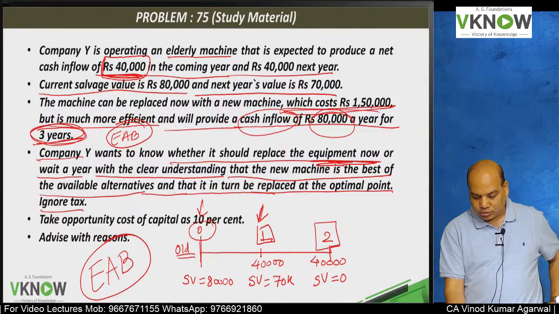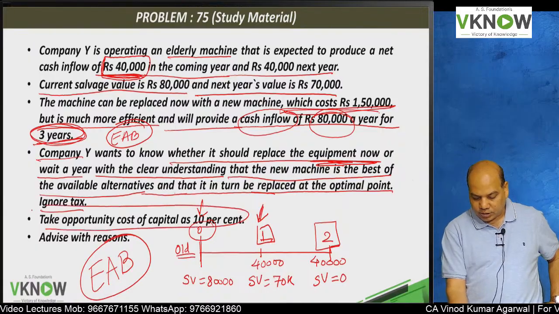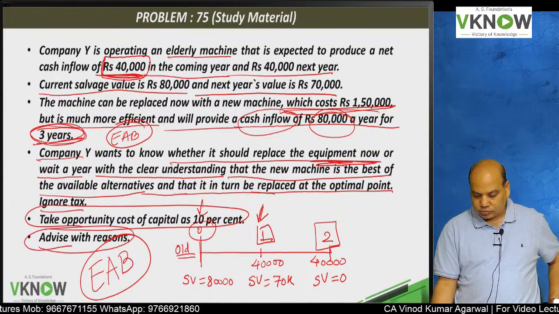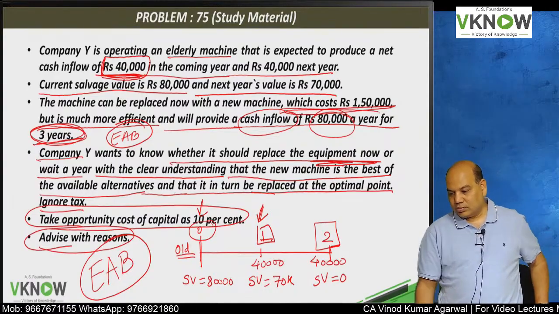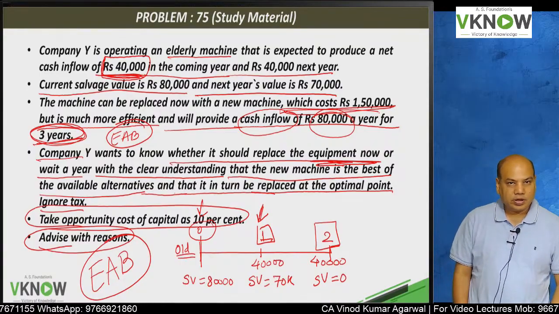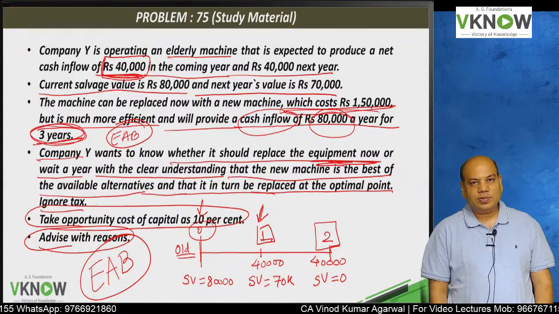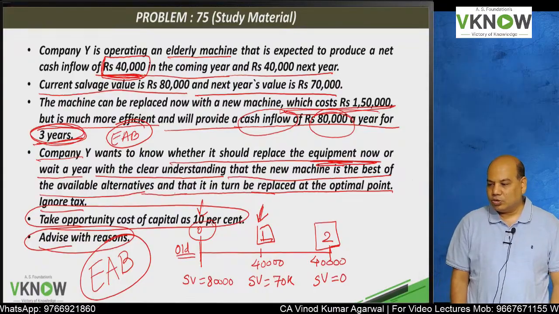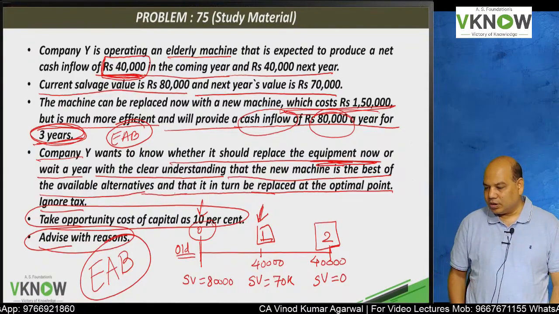Ignore tax. The opportunity cost of capital is 10%. Advice with reason. What is the reason? Wherever the equivalent annualized benefit is more, I am going to select that. Is it right?